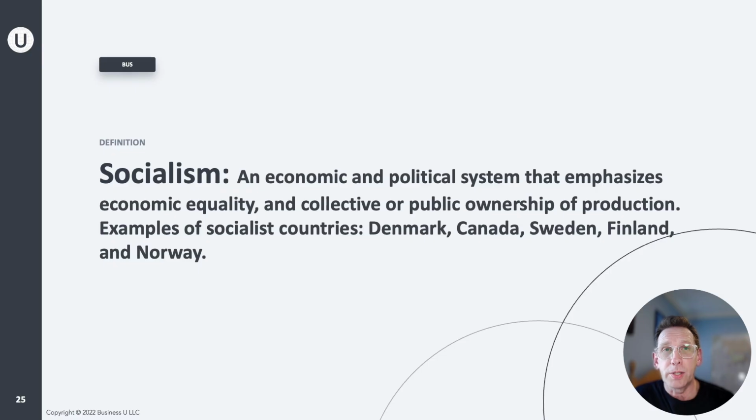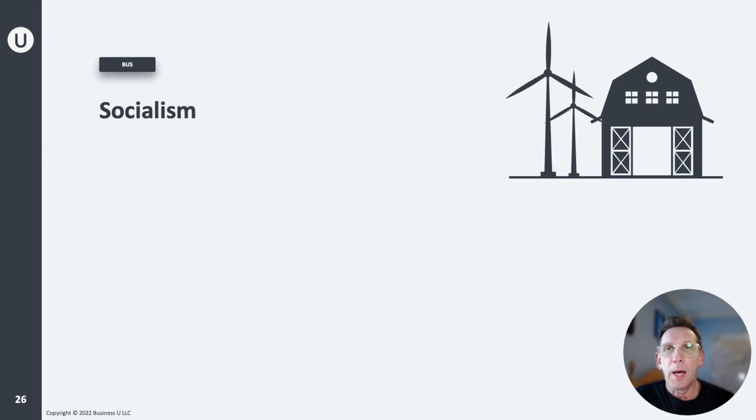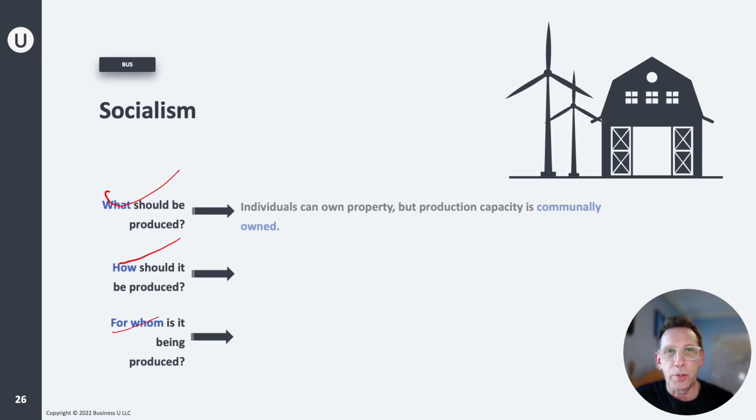On the other hand, socialism is an economic and political system that emphasizes economic equality and collective or public ownership of production. Some examples of socialist countries are Denmark, Canada, Sweden, Finland, and Norway. Let's look at the what, the how, and the for whom for socialism.